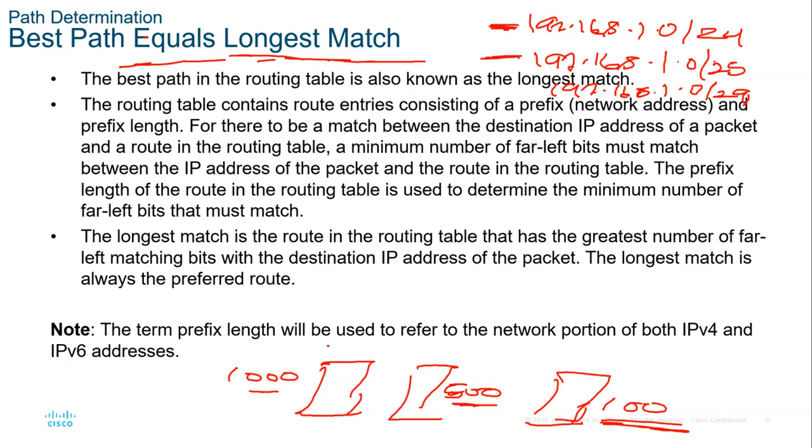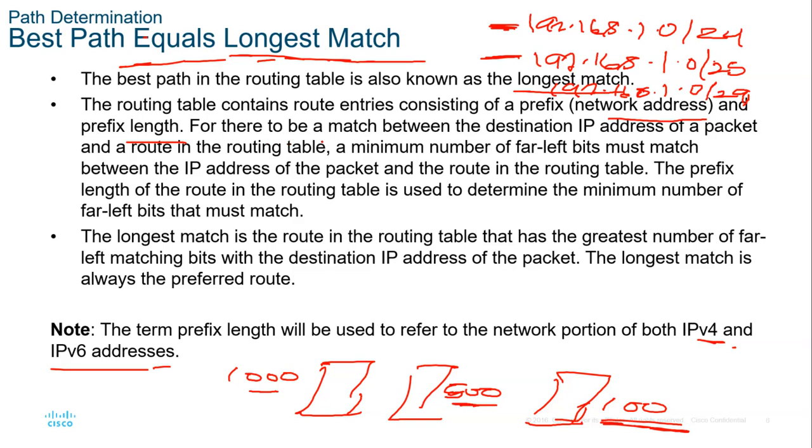Note, the term prefix length is used to refer to the network portion, for both IPv4 and IPv6. So the statement here tries to mean that the best path in the routing table is also known as the longest match. The routing table contains route entries consisting of the prefix or network address and prefix length.